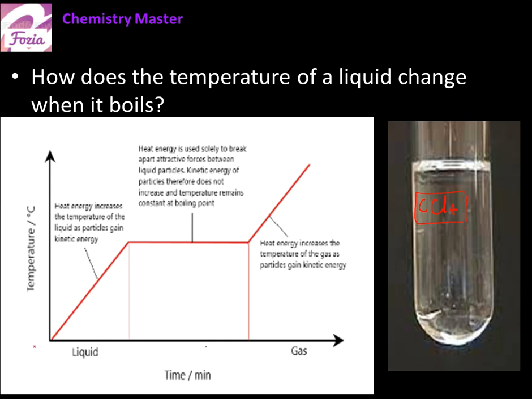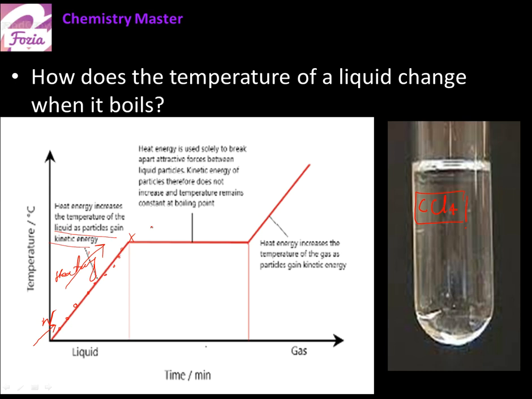As we continue heating a liquid, the temperature is rising. The temperature rises up to a level. For example, this is a stage W, and from W to point X the temperature is rising, and this is due to the gain of kinetic energy. Heating is going on.